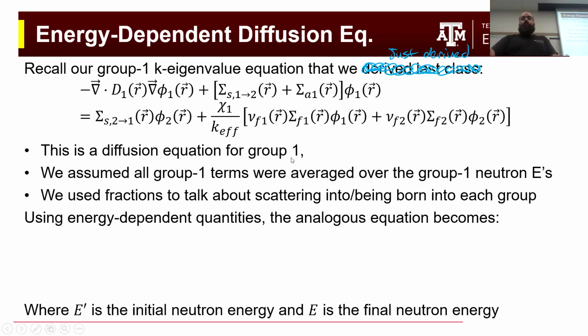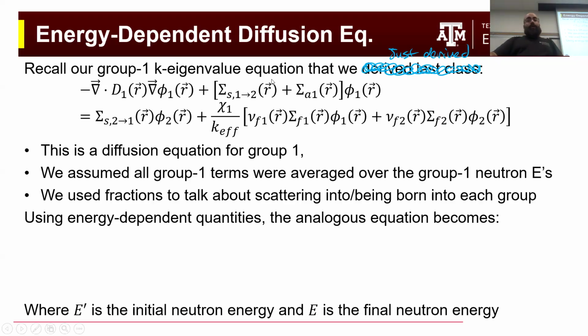And we assumed that all of our terms, like our diffusion coefficients and our cross sections, were averaged over the energy range for those group one neutrons. And we used fractions like chi1 and baked into the sigma s from 2 to 1, there was also a probability that our neutrons were scattered into that group or that our fission neutrons were born into that group.